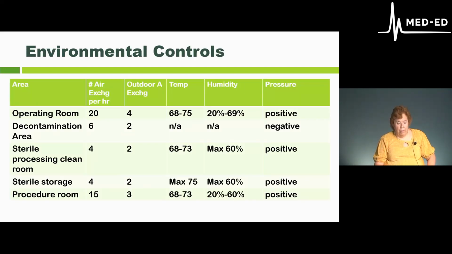So these are the environmental controls, and I provided you with a sample of some of the areas. Following these standards has proven to decrease the risk of the patient developing a surgical site infection. If there are any deviations from these norms, they should be reported to the appropriate people.